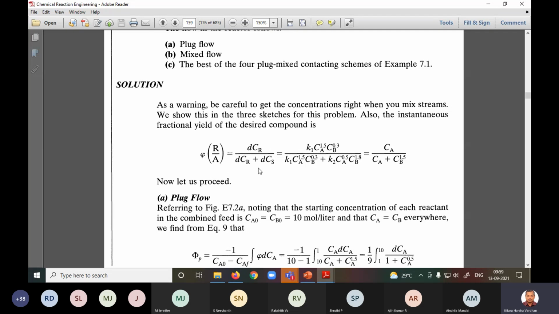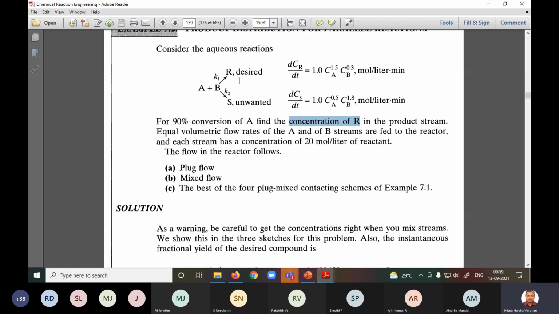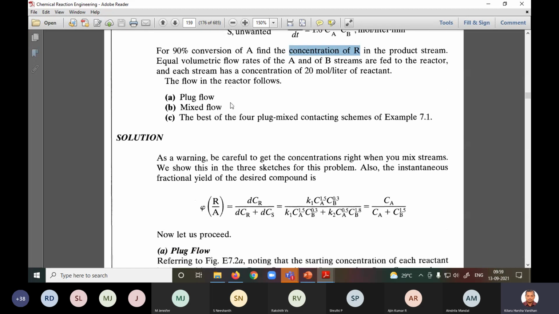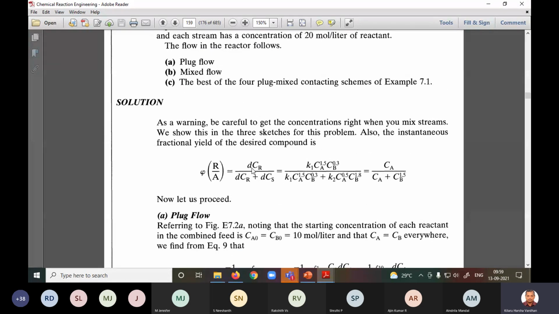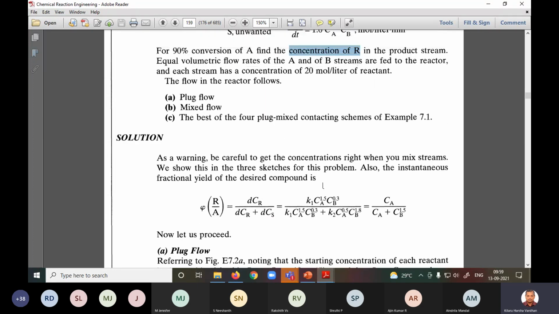How much A is reacted is nothing but the formation of R plus the formation of S, because both R and S are formed from A. So that is K1 CA power 1.5, CB power 0.3, divided by this particular sum. Here K1 is K2 because you are not changing any temperature.